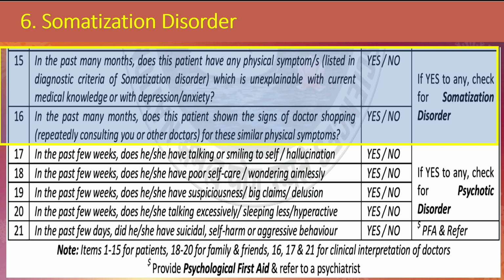If the patient has multiple somatic complaints, unusual symptoms like electrical sensation, warm sensation, cold sensation, and symptoms cutting across various disciplines, such as cardiac pain, abdominal pain, backache, leg pain, twisting of legs, so unusual symptoms are there. That means there is a high possibility you are dealing with somatization disorder.